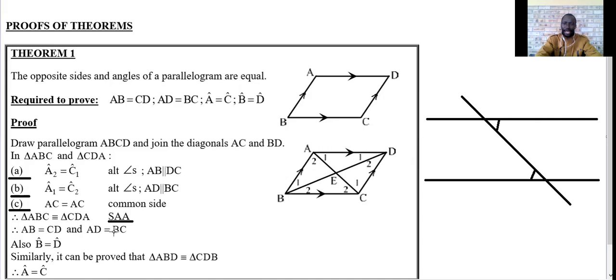by SAA, the two triangles ABC and the other triangle CDA, they are congruent.